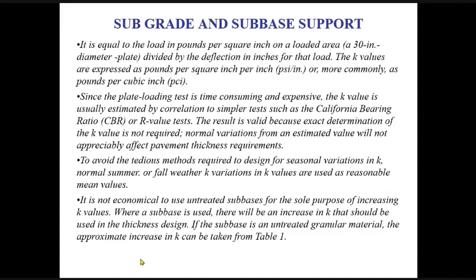Now the result is valid because exact determination of the K value is not required, and normal variations from an estimated value will not appreciably affect the pavement thickness. Now, to avoid the need to design for seasonal variations in K, normal summer or fall weather K values are used as reasonable mean values.